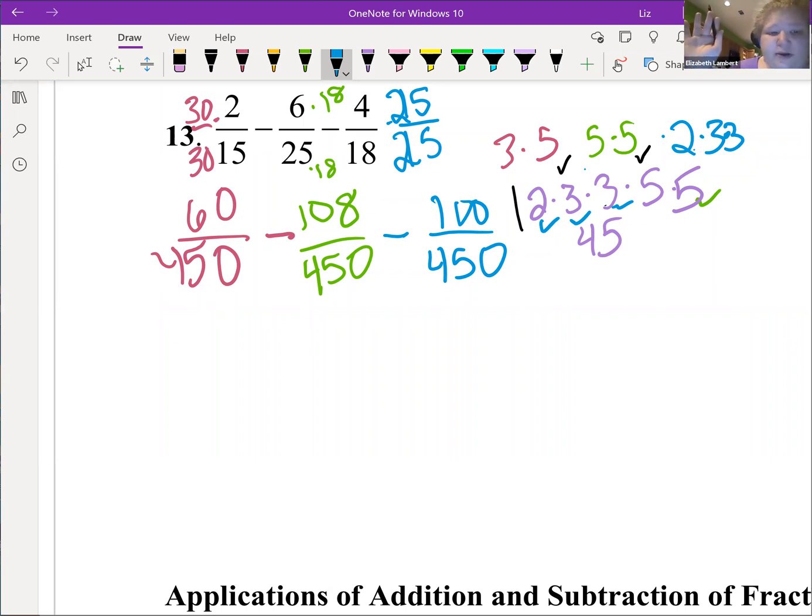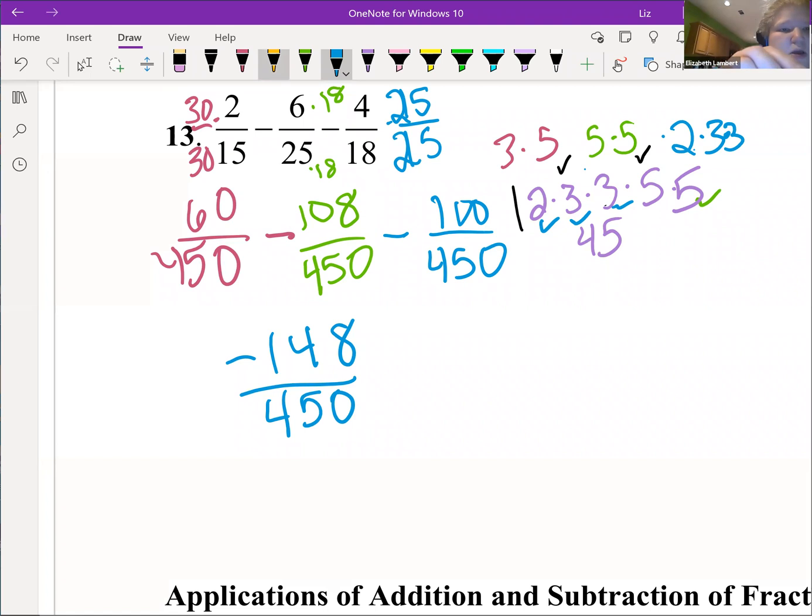All right, now we can crunch this. 60 things minus 108 things minus 100 things. I'm not writing the things, I was just doing the top numbers. Negative 148 over 450. All right.